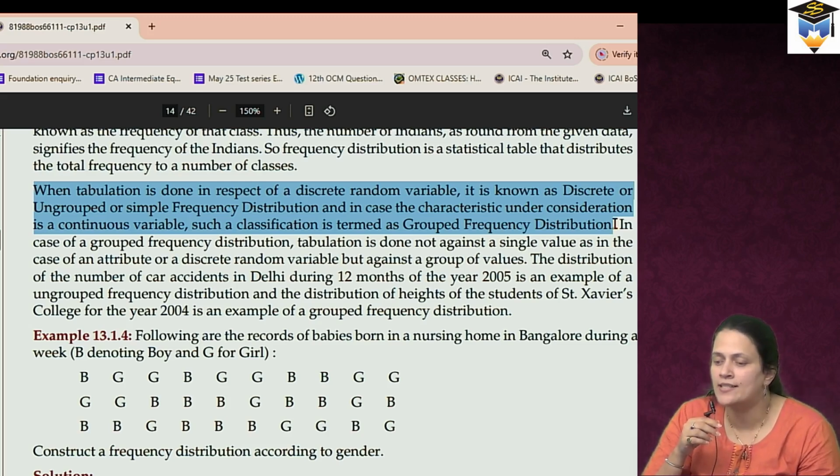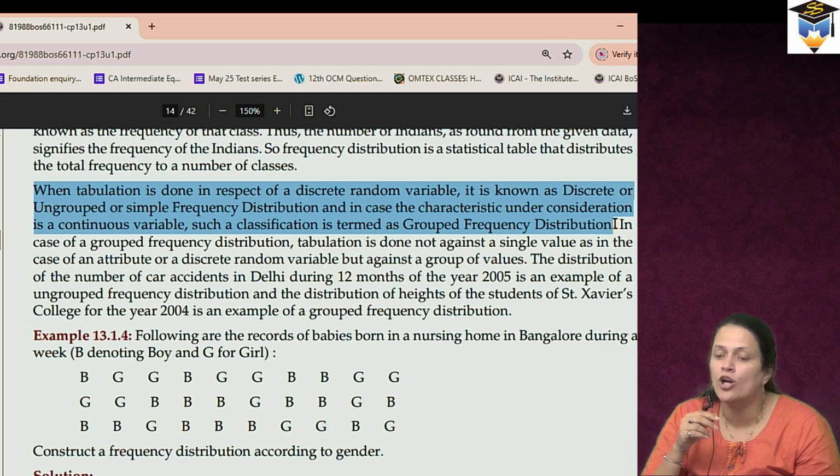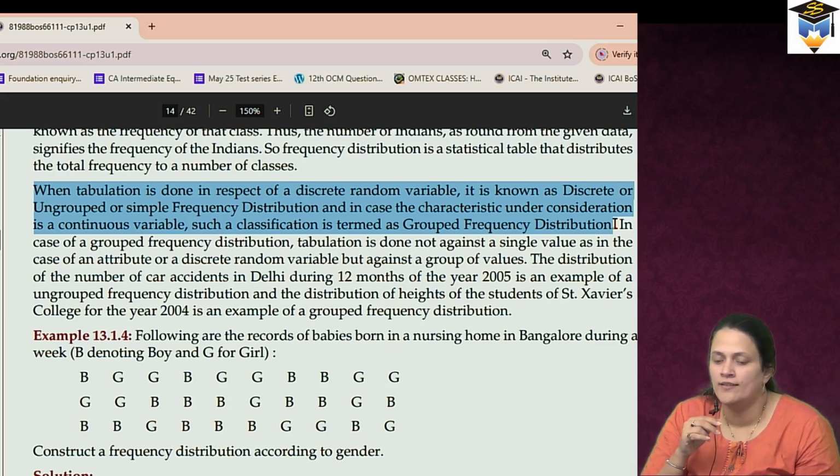And in case the characteristic under consideration is a continuous variable, such as classification in terms of group frequency. So as I said earlier, discrete random variable or grouped or a continuous variable, which they have given over here for grouped frequency. I hope it is clear.